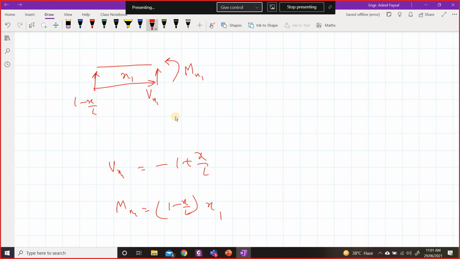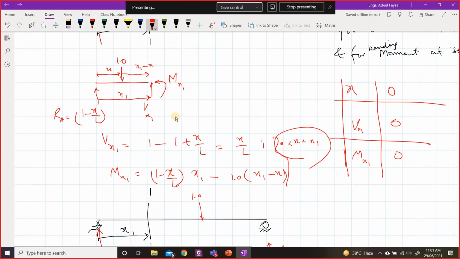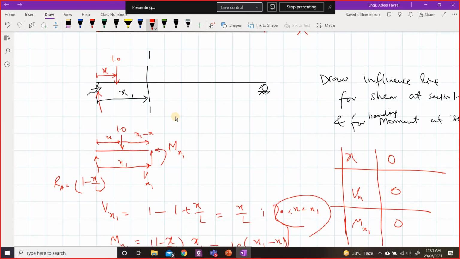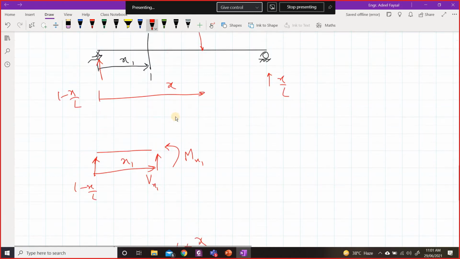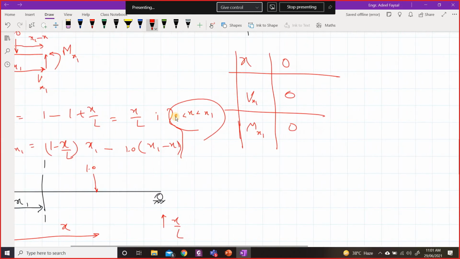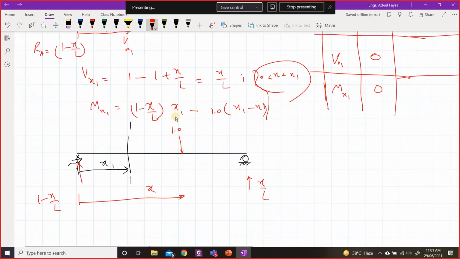So again, you can plug different values of x in these equations and you can plot these functions. Again, you will be able to plot the influence line for bending moment and for the shear force. So you can plot these functions and then you will be able to draw the ILD for shear and bending moment. Once you have the functions, it should be easy to plot them.